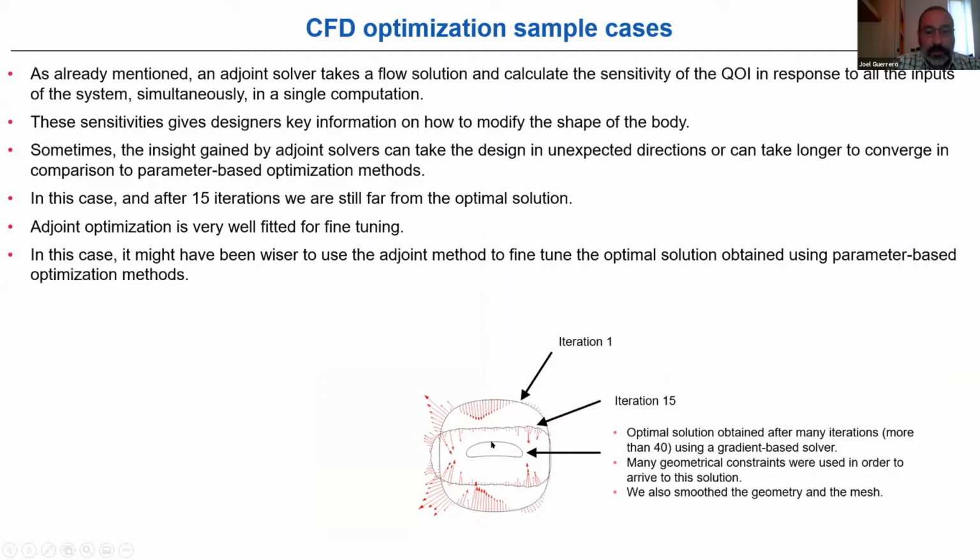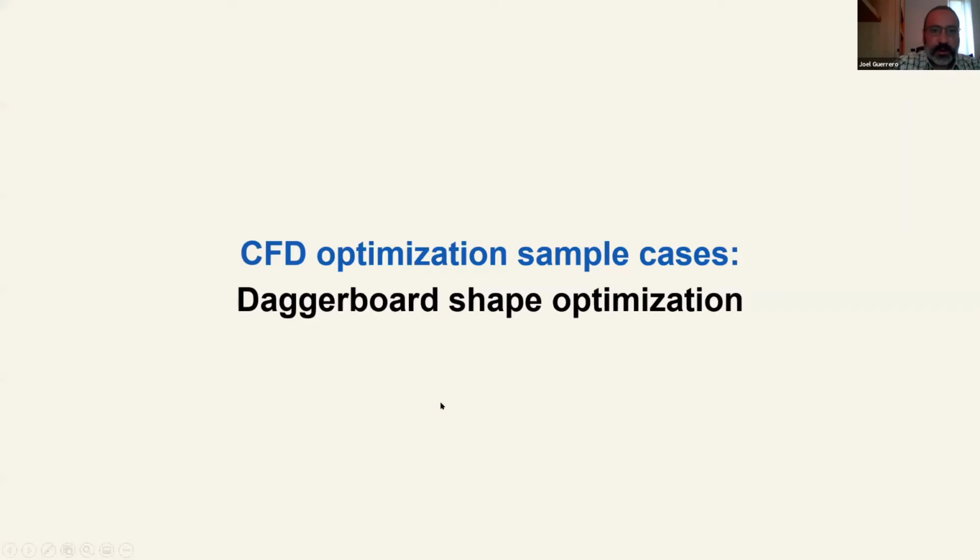Have in mind that to get to this one, I have to remesh and smooth the surface mesh. But we get to something similar to the gradient method. So this is also to disprove a little bit that the adjoint is the absolute best method. In this case, it arrived, but it requires a lot of user intervention. Just to mention that all these methods are valid.